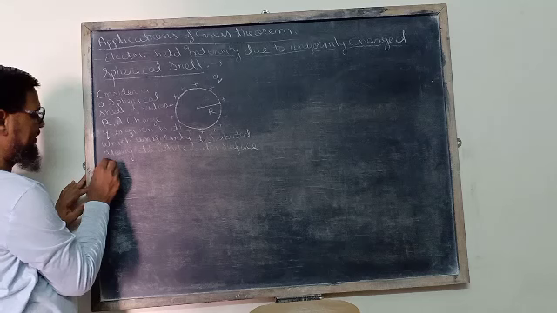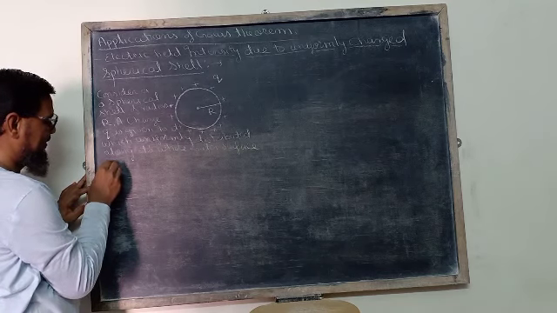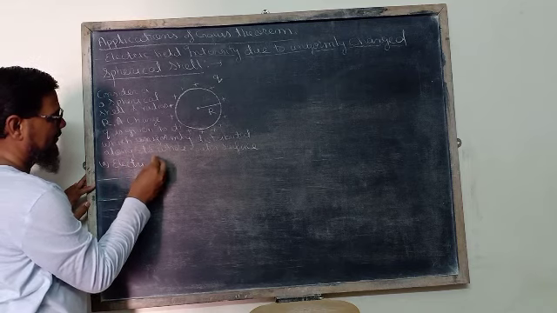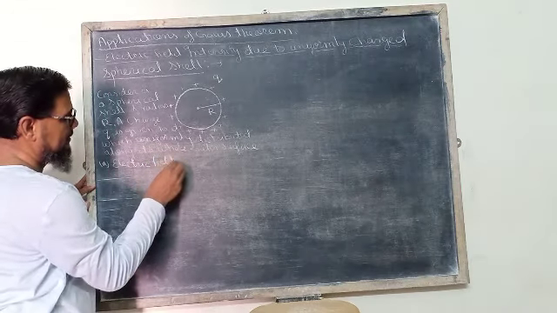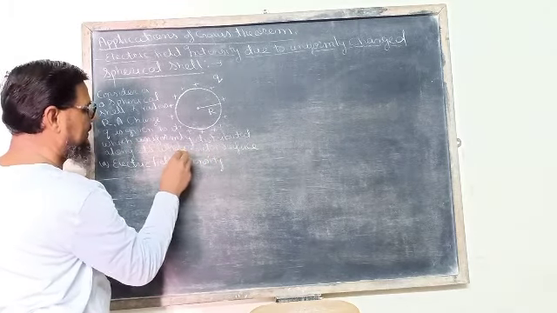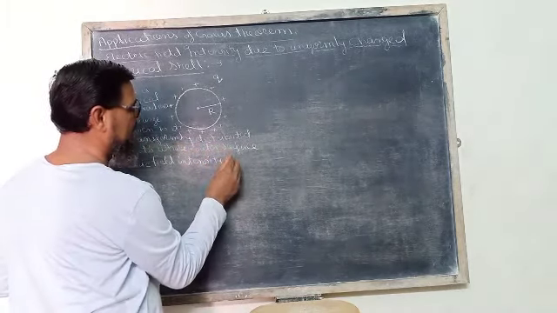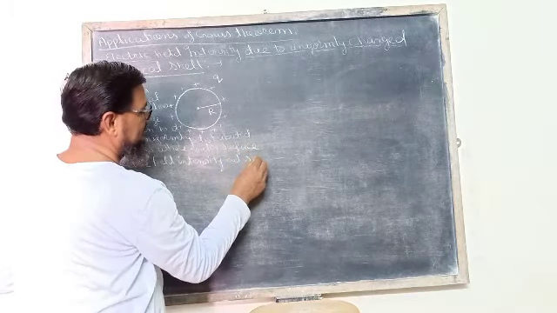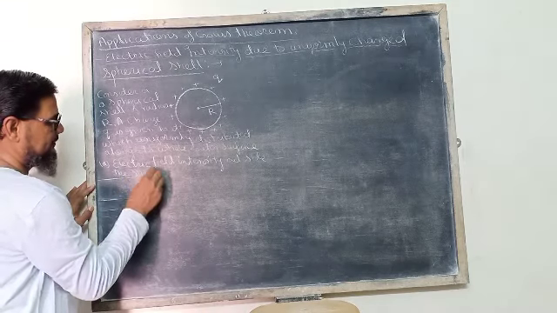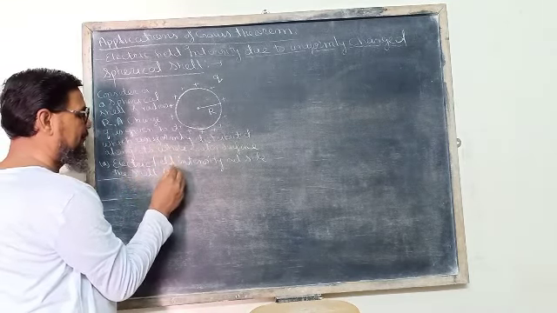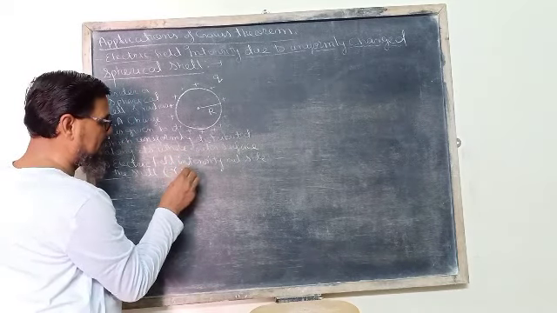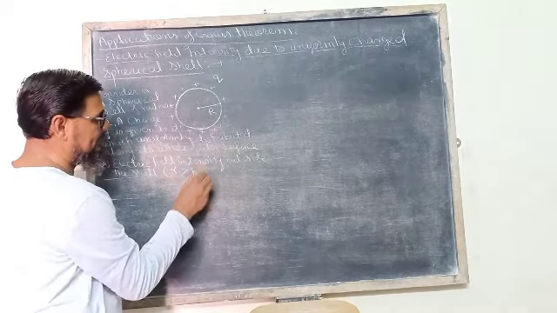Now first we consider the first case, electric field intensity outside the shell. If we consider a point at distance r from the center, then small r is greater than capital R.